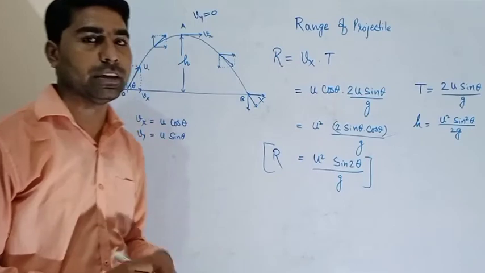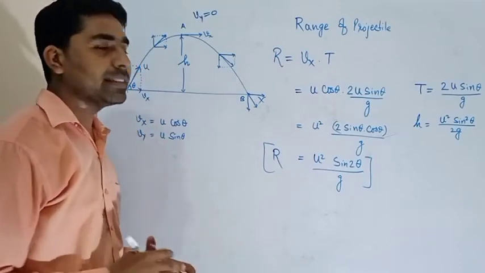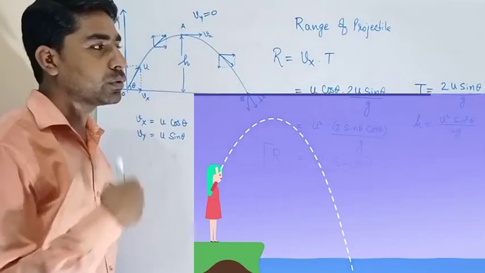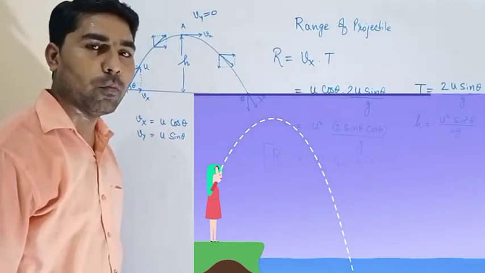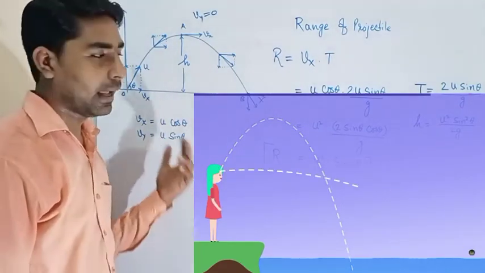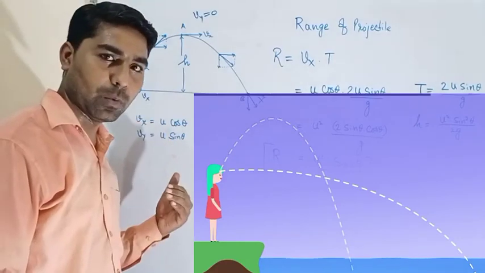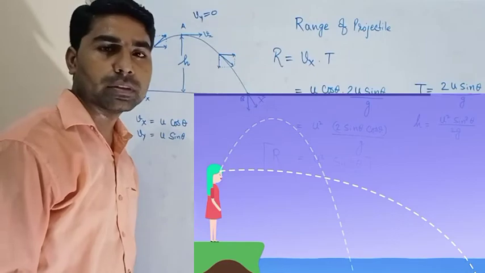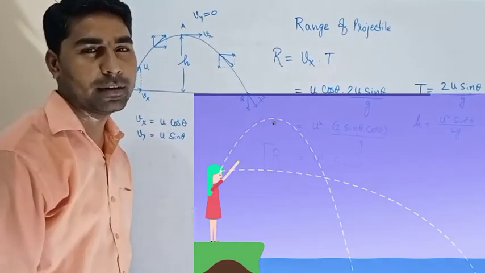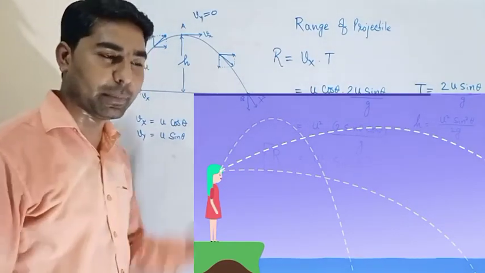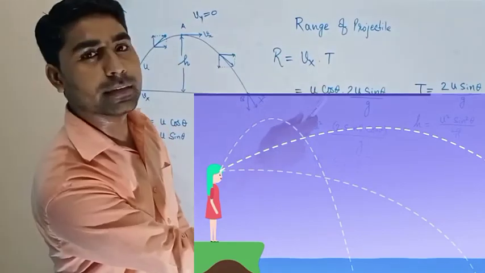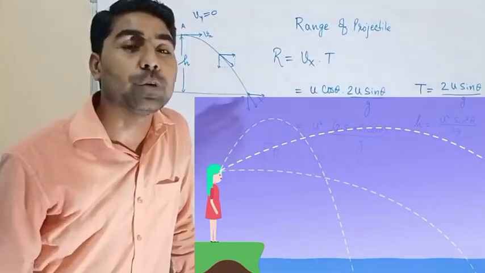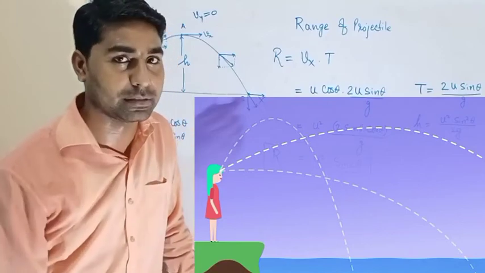Now let's talk about the range. In this animation, see, the girl is throwing the object, one at very high, second at very low, and the third at some angle, but it goes very far. So what should be that angle? If you want to throw any object, at what angle should you throw it to get the maximum distance?